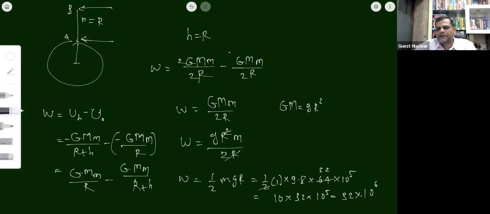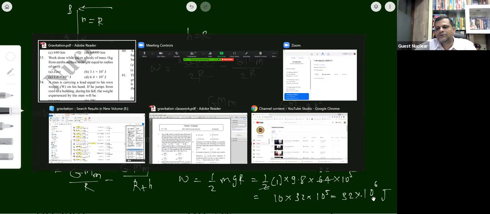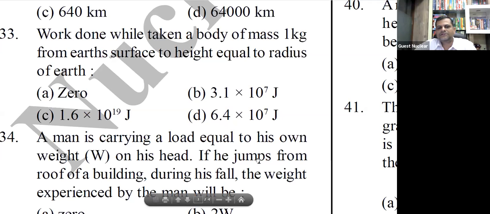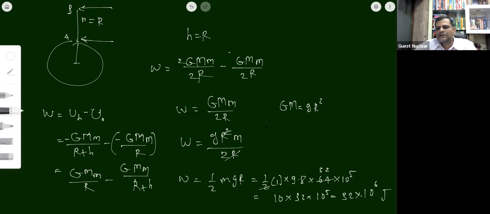And that is going to be in joules. Okay, so 32 into 10 raised to 6 joule is going to be the energy. Yes, so we can write it as 3.1 into 10 raised to 7. Whether you write 32 into 10 raised to 6 or 3.2 into 10 raised to 7, it is the same thing, no problem.